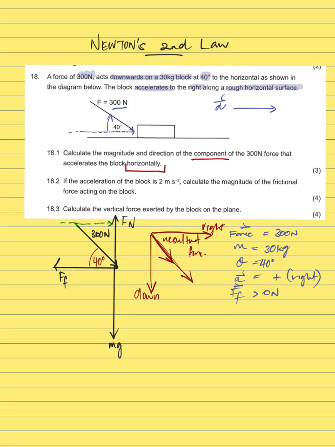And what you'll notice now, I've got a horizontal force there, and it's starting to make a shape. What kind of shape? A Z shape, which means that that angle over there is also 40 degrees. All right, now that I have that, I've got myself a triangle. Just going to draw it here.